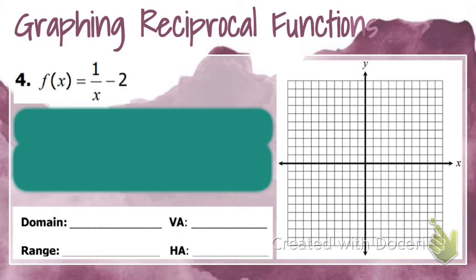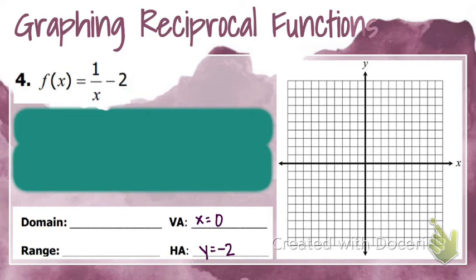So remember, the vertical asymptote is always x equals h. Well, h is supposed to be in the denominator with x, and there's nothing there. So this is going to be x equals 0. And then our horizontal asymptote is always y equals this number out here, k. So -2 is what it is in this case.